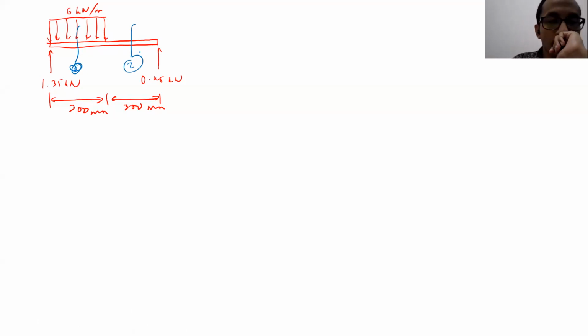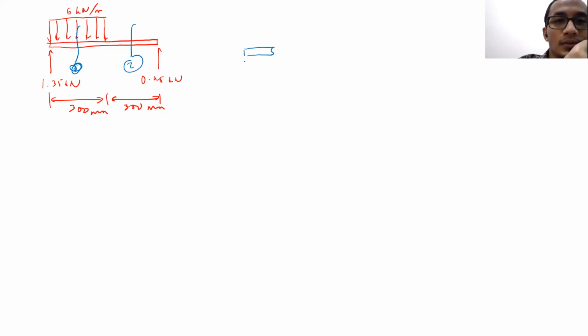Then the next thing we are supposed to discuss is how to draw the free body diagram of the first section. The first section, just draw something like this, until the distributed force ends. But we don't have to draw the 300 millimeters, right?